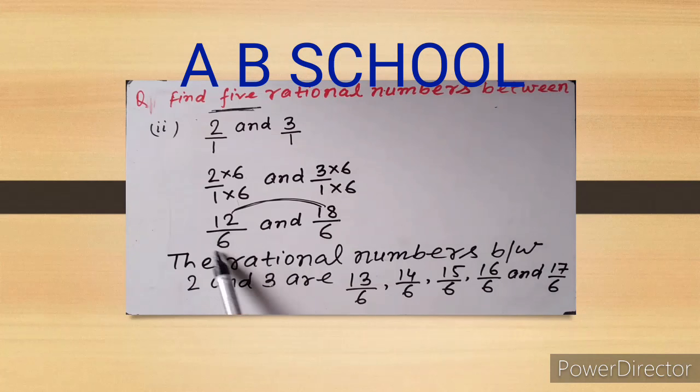And the denominator is 6. So we will write 13 upon 6, 14 upon 6, 15 upon 6, 16 upon 6 and 17 upon 6.